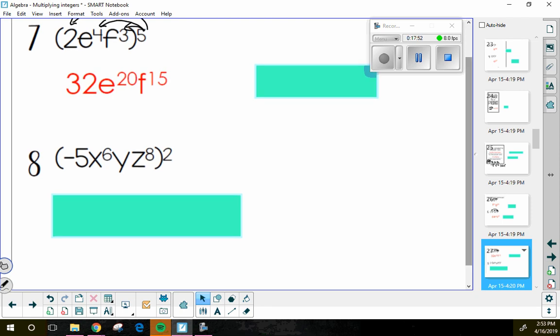Then, last one. You get a 2, and you get a 2, and you get a 2. Everybody gets a 2. That negative sign, is it in the parentheses? Yes. So it's -5 times -5. What is that? That is a positive 25.